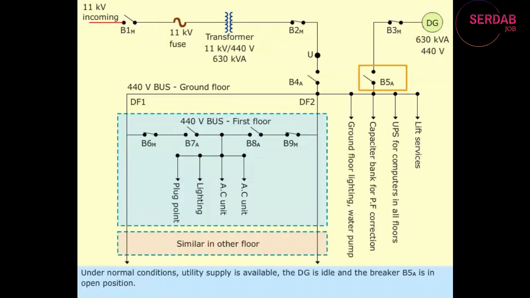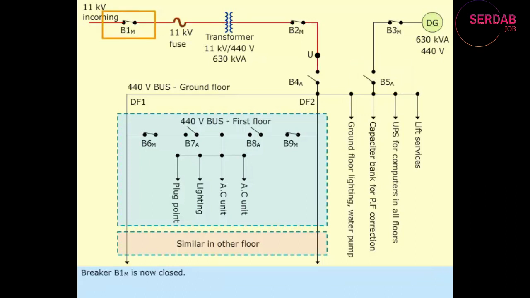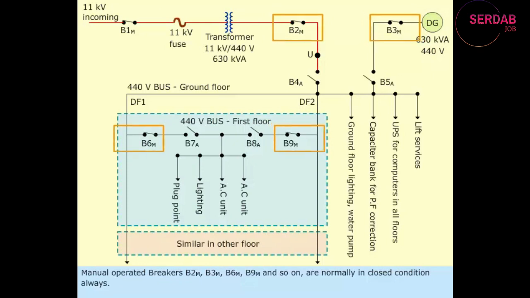Under normal conditions, utility supply is available, the DG is idle, and the breaker B5 sub A is in open position. Breaker B1 sub M is now closed. Manual operated breakers B2 sub M, B3 sub M, B6 sub M, B9 sub M, and so on are normally in closed condition always.